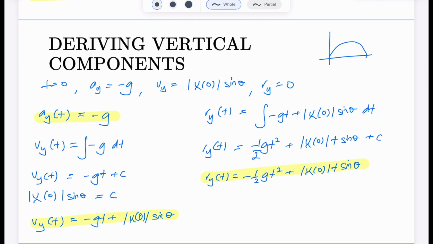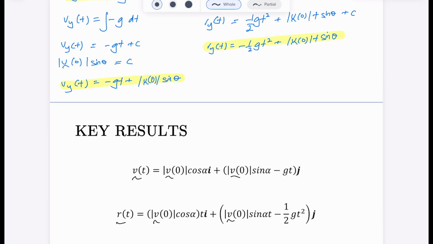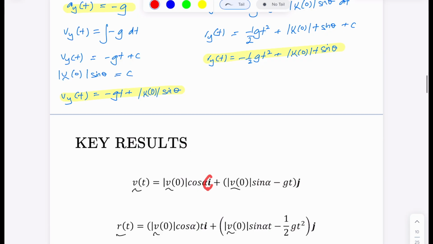Okay, now the last step is to put it all together. Now this looks even more confusing, but it's not. So let's break this down. This is our velocity equation in vector form for the projectile. So this incorporates both the horizontal component and a vertical component, and it's literally just them stuck together. So if we have a look at this, this is the horizontal velocity that we derived, and we've added this i vector to indicate that this is the component that's in the horizontal direction.